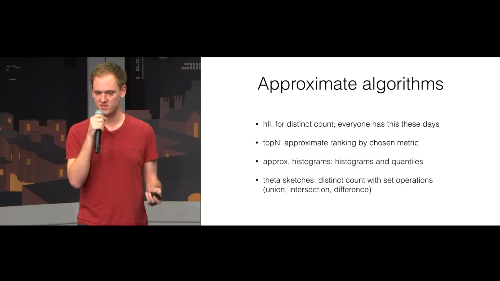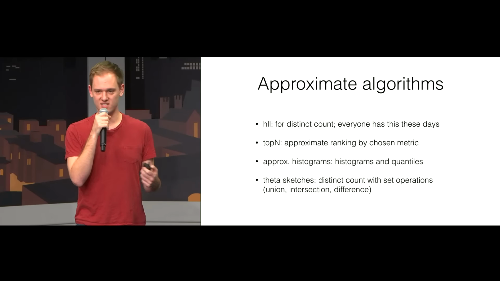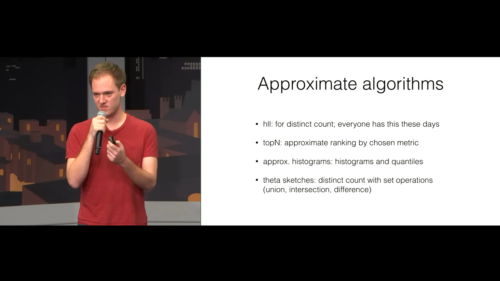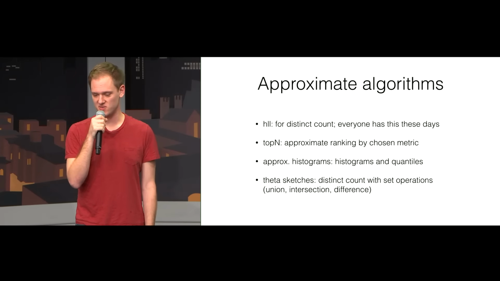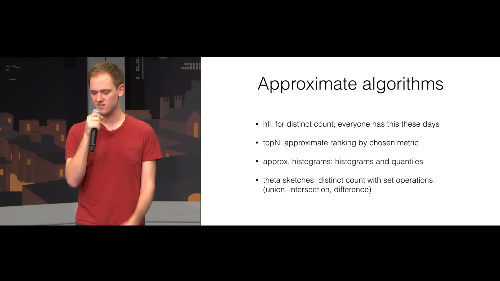For TopN, we have approximate rankings by a chosen metric. This is essentially a group by something, order by something else, limit something. And doing this approximately will be a lot faster than doing it exactly. We have approximate histograms, and that same basic technology can be used to do both histograms and quantiles.